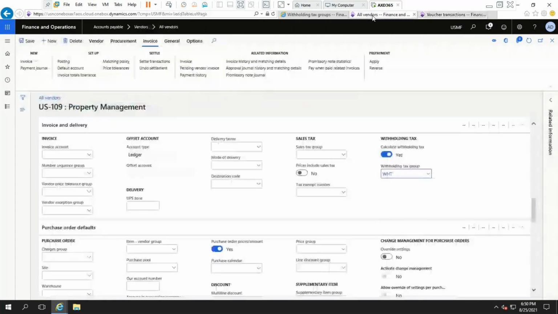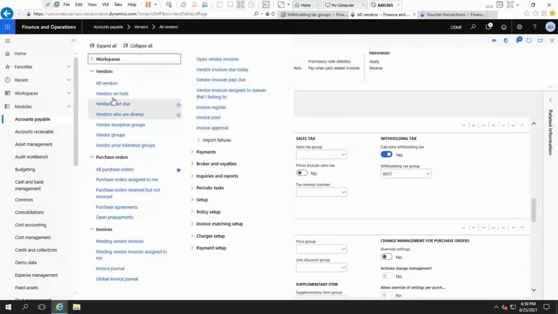Now during vendor payment, look at this: payments, vendor payments.